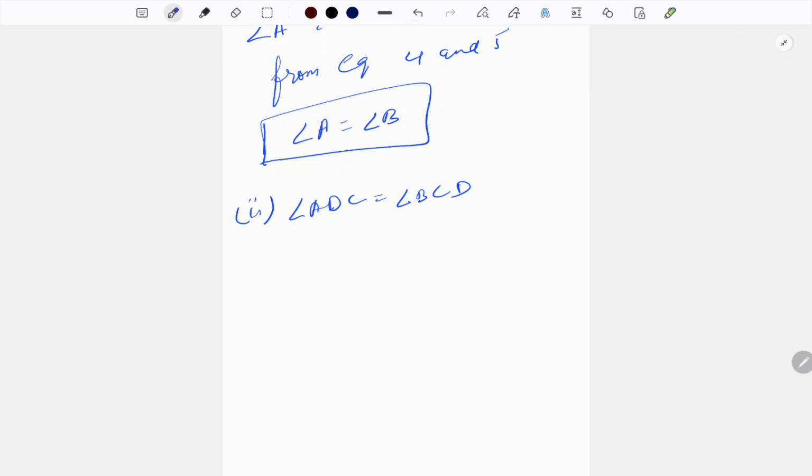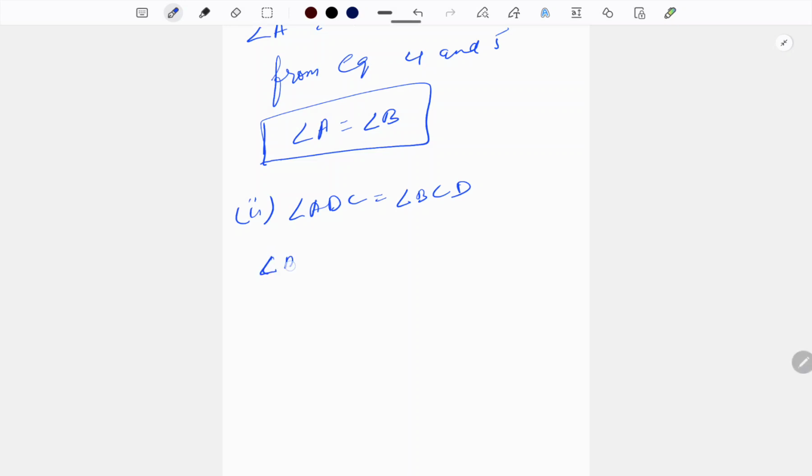Now angle D is already equal to x, right? Now we have to derive angle C. Angle C is, again, angle B we know.